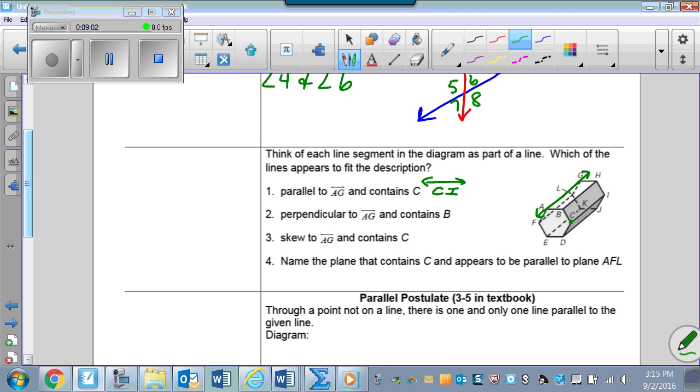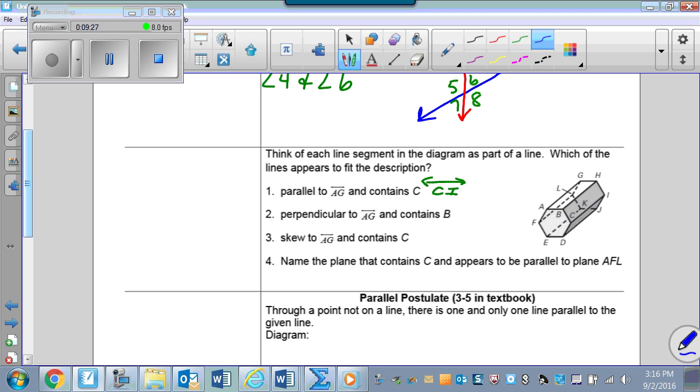Because remember, any three non-collinear points make a plane. So I could make a plane out of points A, G, and C, or A, G, and I, and then that would include the point C, and that would get me the parallel lines. Alrighty, how about perpendicular to AG?